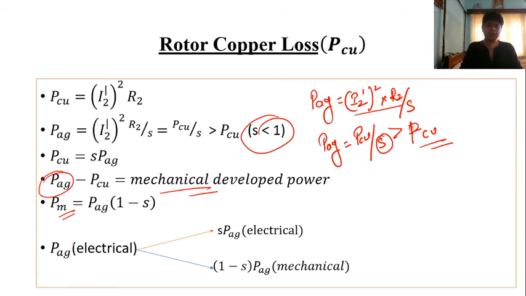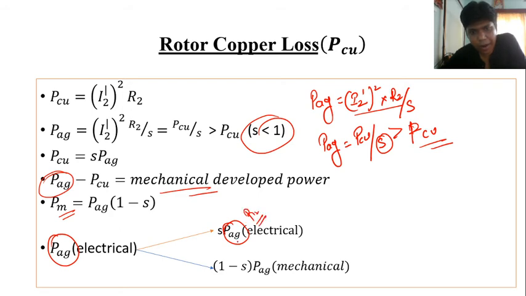Now, air gap power means what? The power dissipated across the resistance R2 by S. That is called air gap power. And whatever power is dissipated across the rotor resistance R2 is also called electrical power.